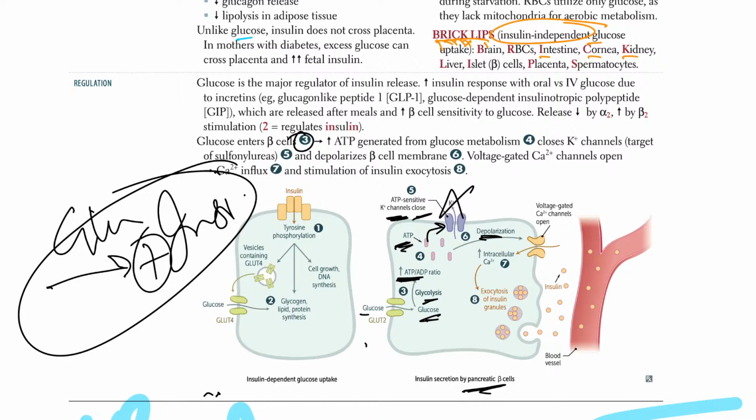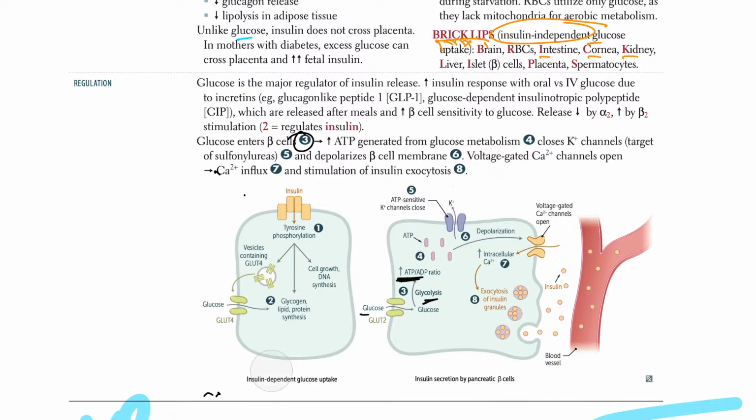Let's actually read before I mess up something. Here, you have these beta cells, which leads to an increase in ATP production. And this closes the potassium channel, yeah, I was right. Right here, as soon as these ATPs get bound to these channels, they will close this channel.